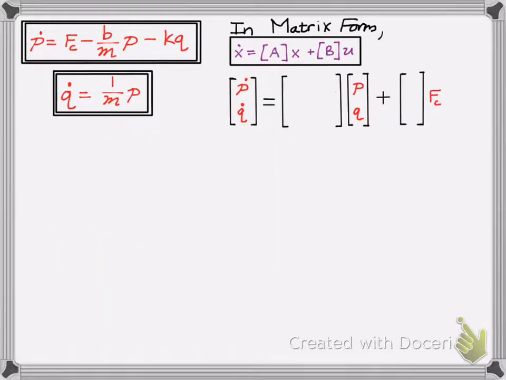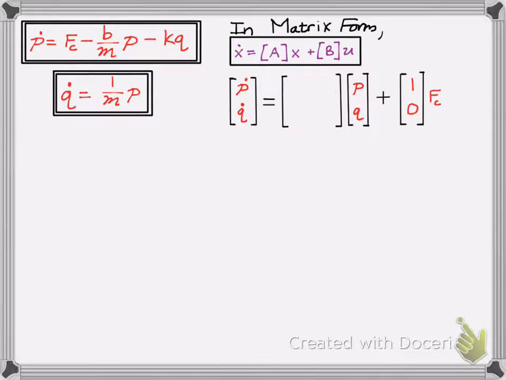So now let's look at the equations. So let's look at P dot. Is there any term in there that has a P in it? Yes. So we say that's negative B over M. Oh, real quick. We notice that there's an input effort, which is 1, right? Because there's an F of C in the P dot equation, so it means we put a coefficient of 1 in front of it.